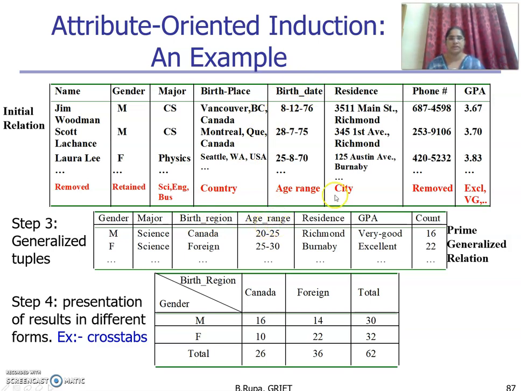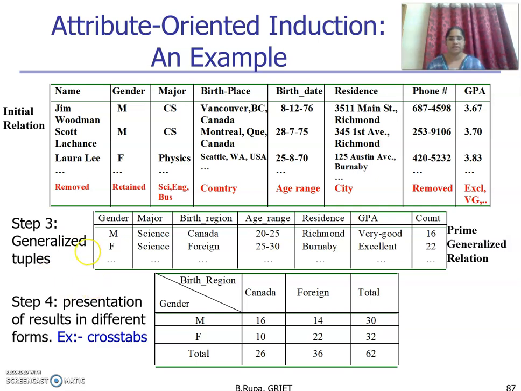In place of residence we keep state, phone number is removed, and GPA is converted from numeric value into descriptive value. Finally we keep the count. These are the generalized tuples available in the third step.